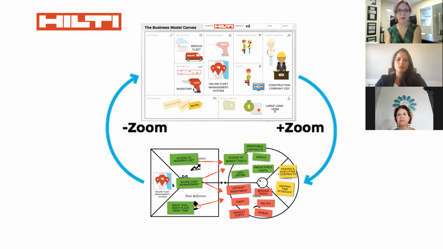And then they have to have, of course, more inventory. In the key activities, they have to create a service fleet, because now they're going to be providing tools to these construction companies. And they became an online fleet management system on top of what they were doing before.